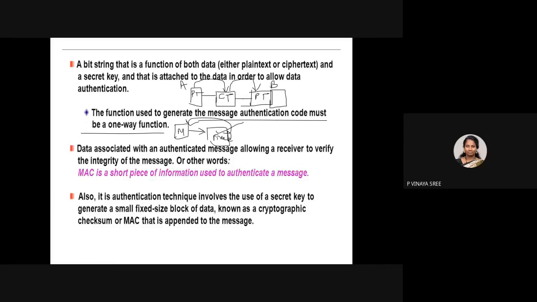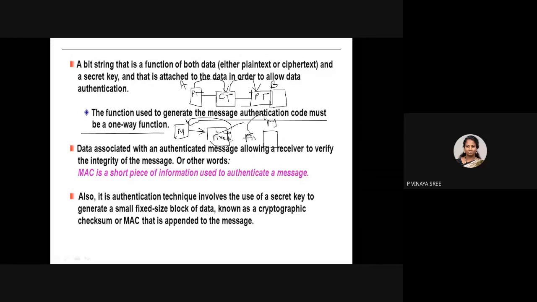In message authentication code, it is one way. Once a sender converts this message to fixed size length, this fixed size length cannot be converted back to the actual message.